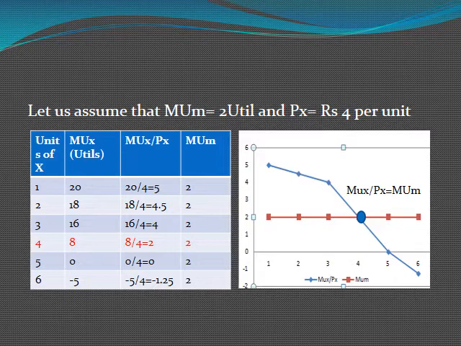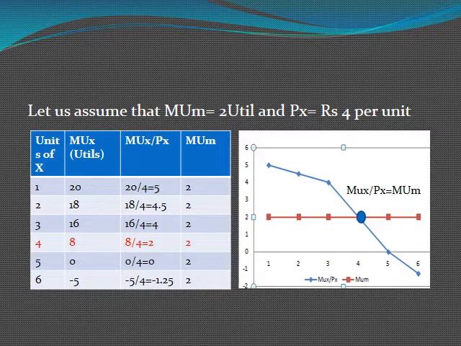Now the ratio of marginal utility and the price of the commodity is given in the third column. For the first unit, 20 divided by the price 4 is equal to 5, for the second unit it is 18 divided by 4, that is 4.5, for the third unit it is 16 divided by 4, which is 4, for the fourth unit it is 8 divided by 4, which is equal to 2, for the fifth unit it is 0 divided by 4, that is 0, and for the sixth unit it is -5 divided by 4, which is equal to -1.25.